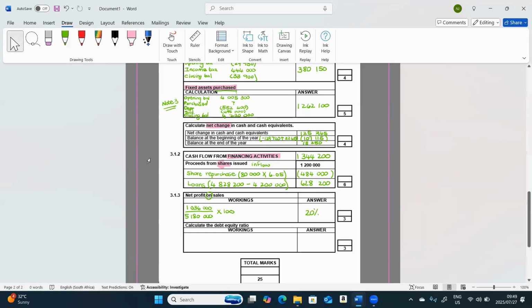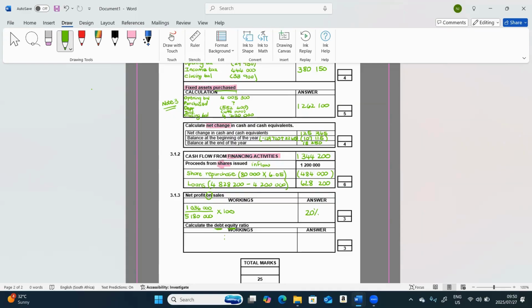Then the next one, the last 3 marks, is calculate the debt to equity ratio. And we know that the debt to equity ratio is a left and right hand side calculation. So once again, your debt will be on your left-hand side and your equity will be on your right-hand side. So let's quickly go and get our debt.